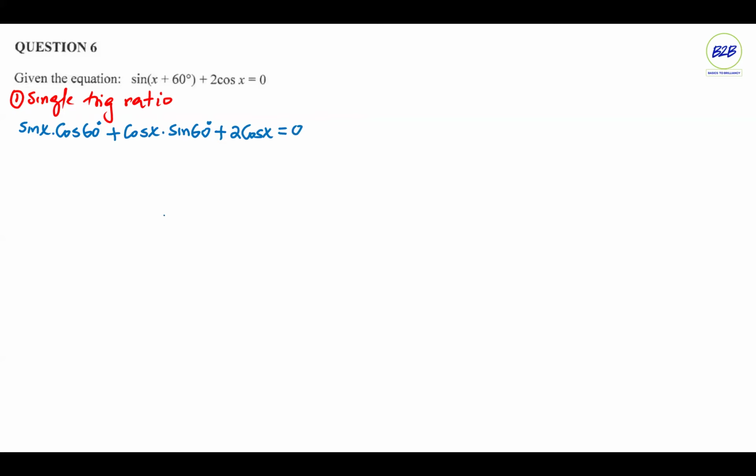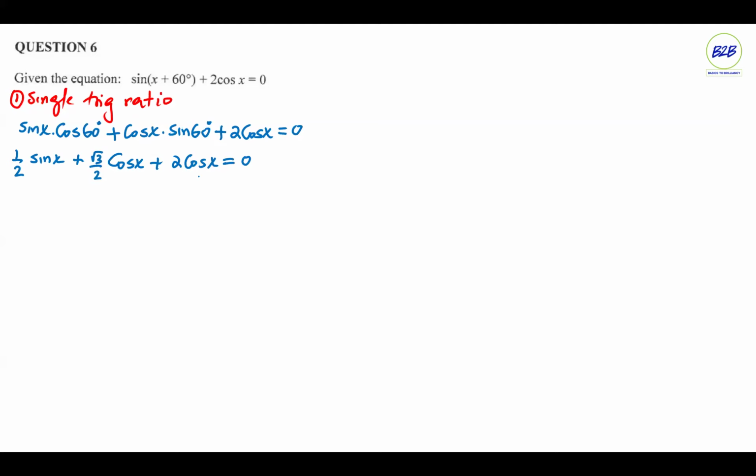And then we have a special angle. Remember, cos of 60, you can press that in your calculator, then you should get 1 over 2 times sine of x. You press sine of 60 in your calculator, you should get root 3 over 2 times cos of x, plus the 2 cosine of x that was already there in the equation.